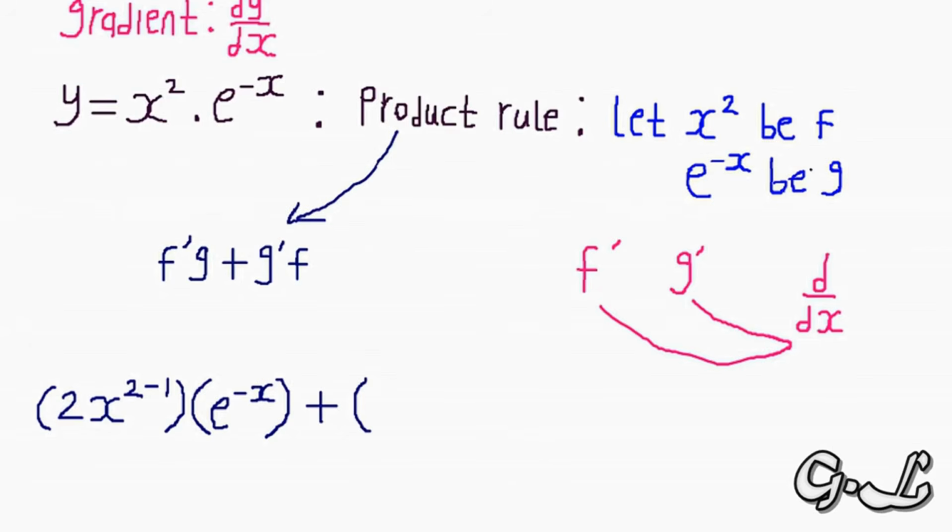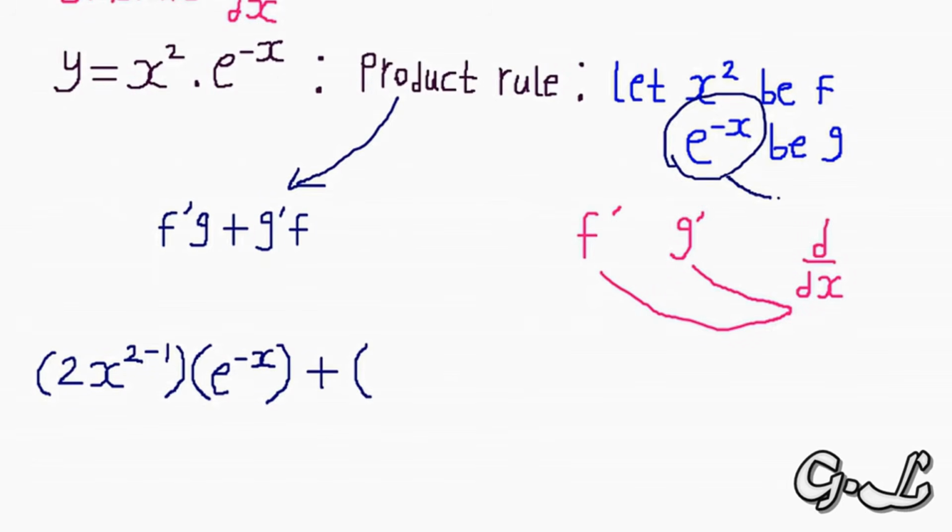And then the next thing that we're going to do is consider g prime. When you check g, the g has prime. It means that we have to differentiate the expression for g, which is e to the negative x. Now, how do we differentiate expressions which have the e function?